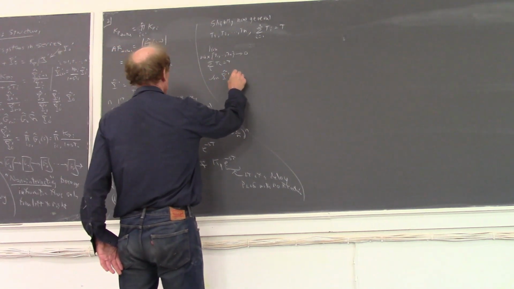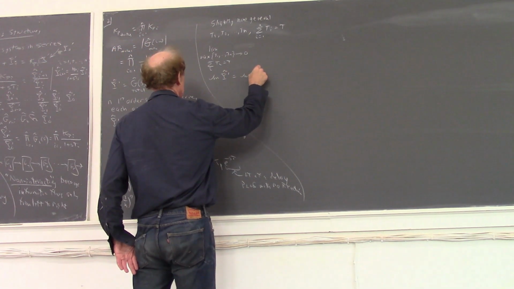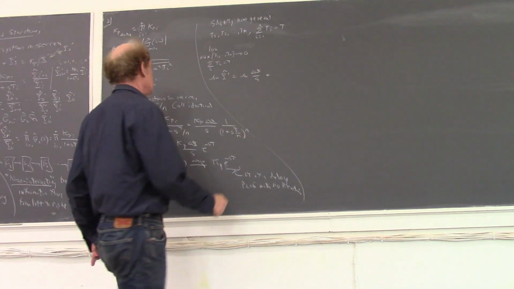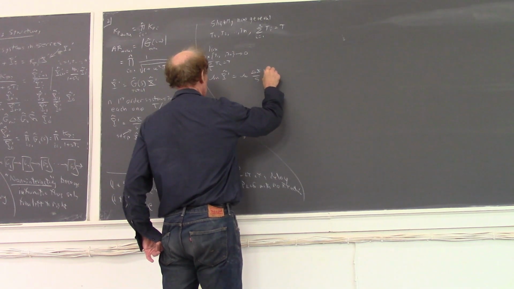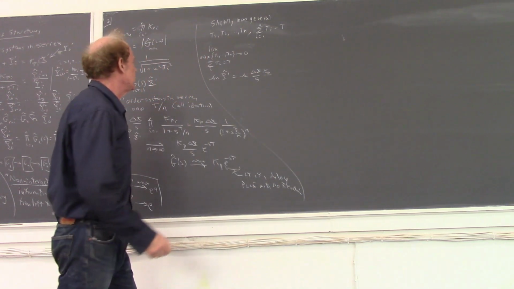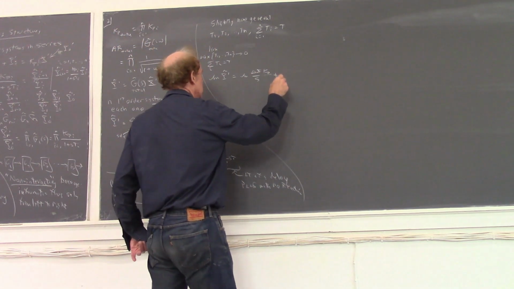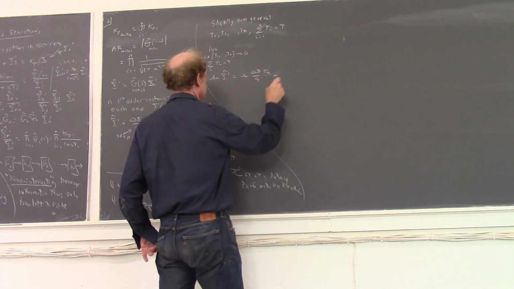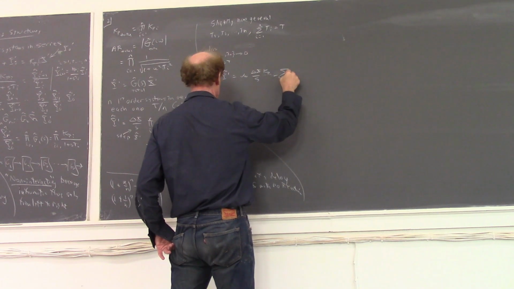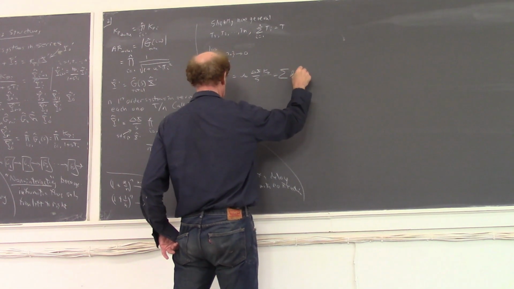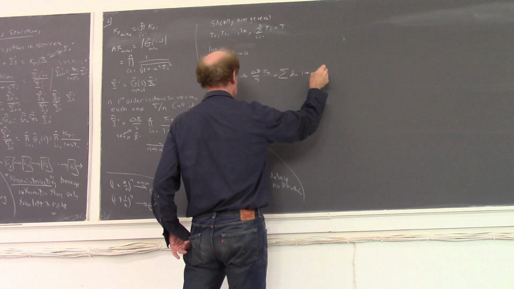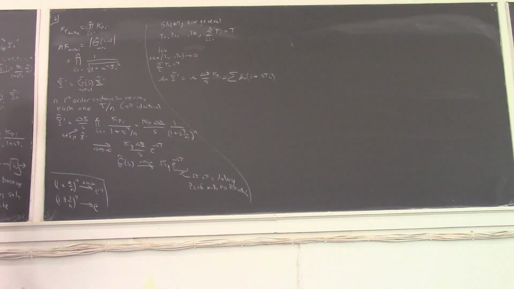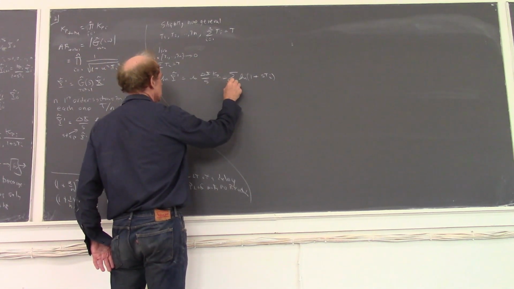That's equal to the log of delta x over s, and I put the kp in here as well, plus, or minus, because of the denominator, the sum of logs of 1 plus s t_i, i equals 1 to n.